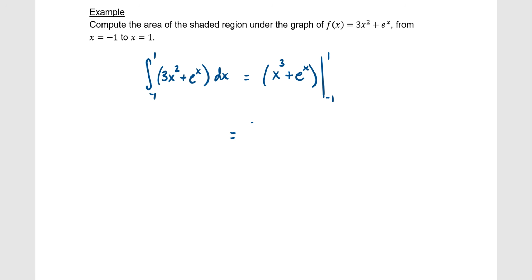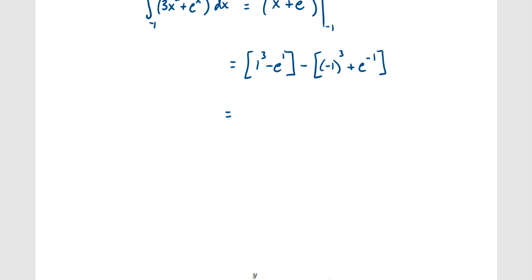We go ahead and we plug in. That's 1 cubed plus e to the first, for the upper bound. Now we subtract the lower bound, -1 cubed plus e to the -1. And we need to simplify. So that's going to be 1 plus e minus -1 plus 1 over e.